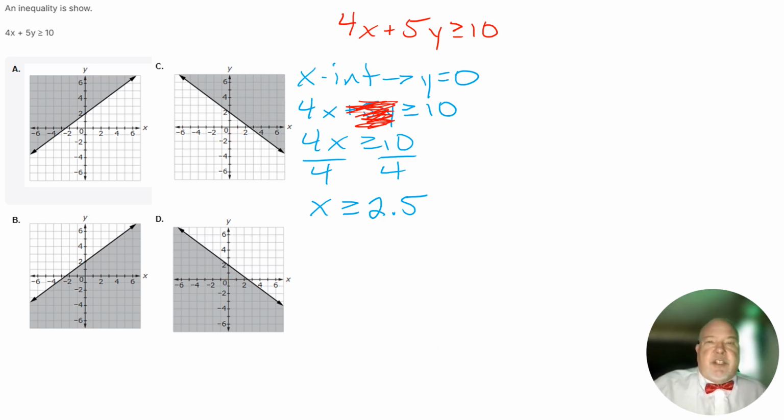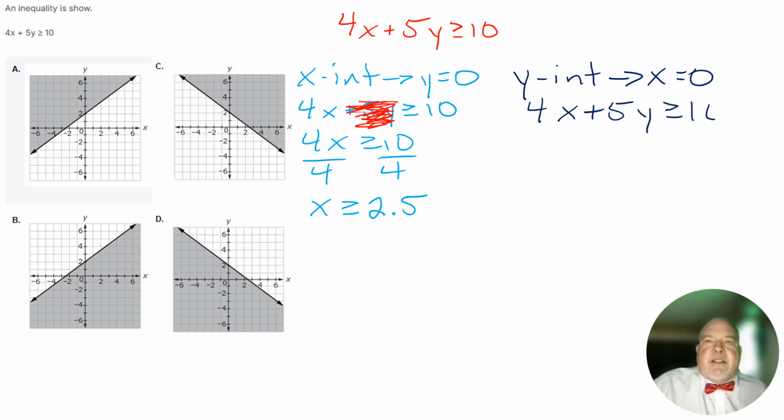But let's just check it, and let me show you how to find the y-intercept. We're going to do something similar to what we did here. The y-intercept occurs where x is equal to 0. So I'm going to take my inequality, 4x plus 5y greater than or equal to 10.